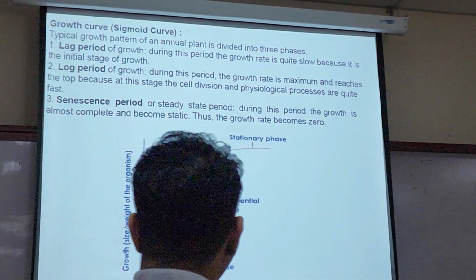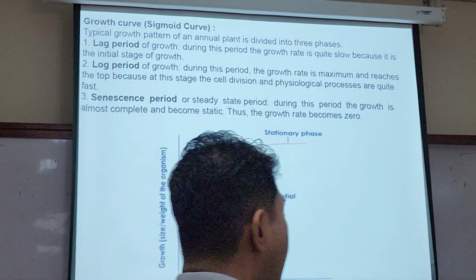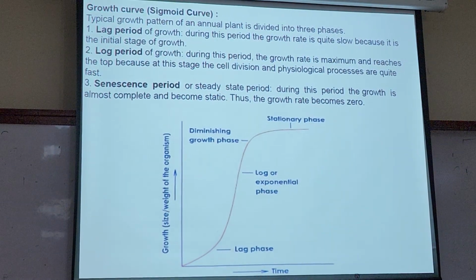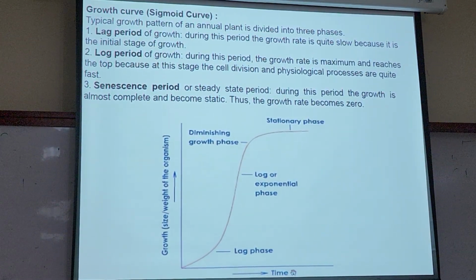So what is it actually? You can see here, with the progression of time, what axis is this? The time here is X, versus Y. On the Y-axis, it can be anything that you are measuring.